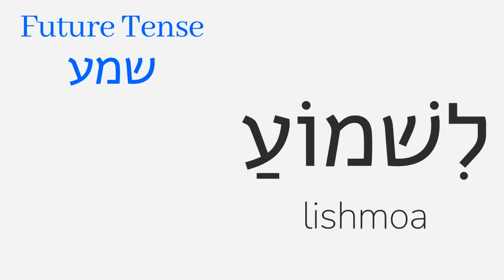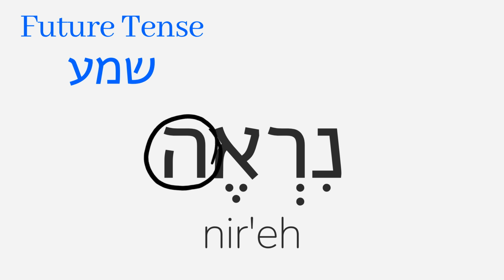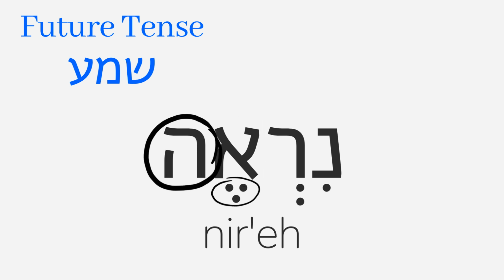Let's begin today by seeing how the future tense looks and sounds with roots whose third letter is ayin or chet, using the verb lishmoa, to hear, whose third root letter is ayin. We've seen before that when the third letter of a root is a hey, instead of the vowel between the second and third root letters being a cholam, it will usually be a sagol, as in nir'eh, we will see, which has a sagol between the second root letter aleph and third root letter hey, instead of the usual cholam.